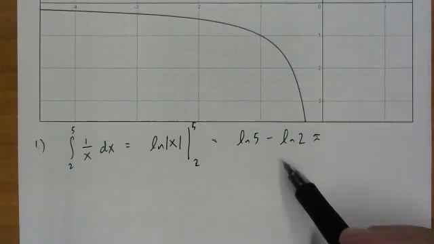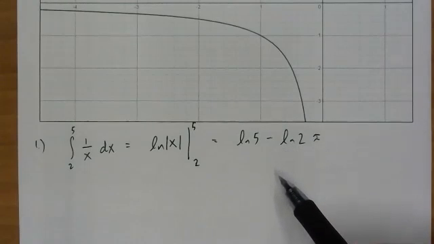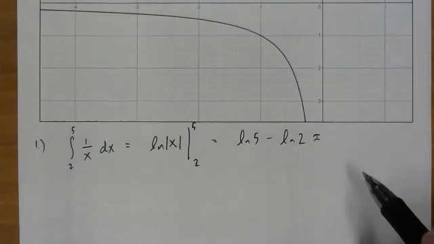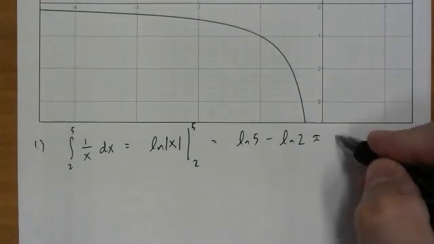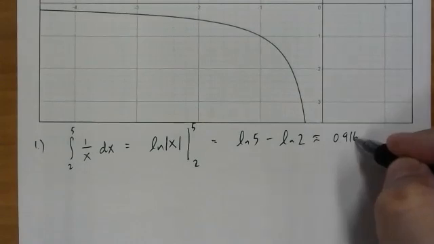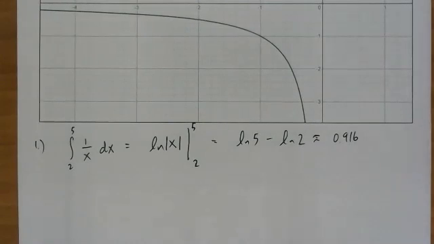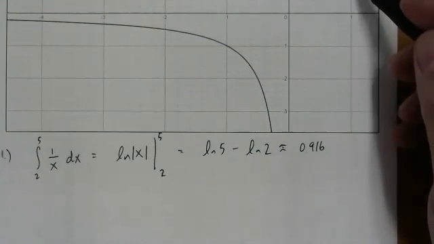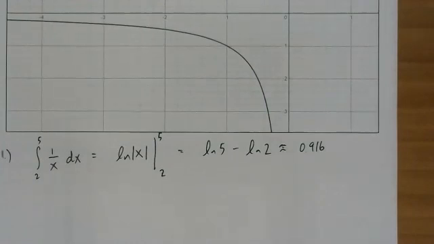But if they want us to round it to a decimal, then I could take natural log of 5 minus natural log of 2, which is 0.916. Interesting. So it's actually a pretty small area. I think by the time you get out here to 5, this function ends up being pretty close to the x-axis.